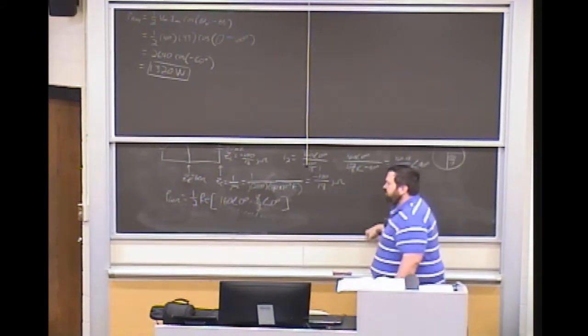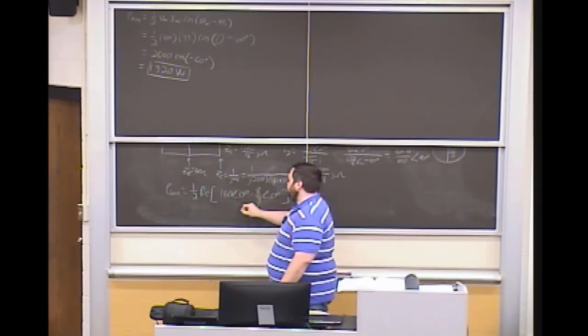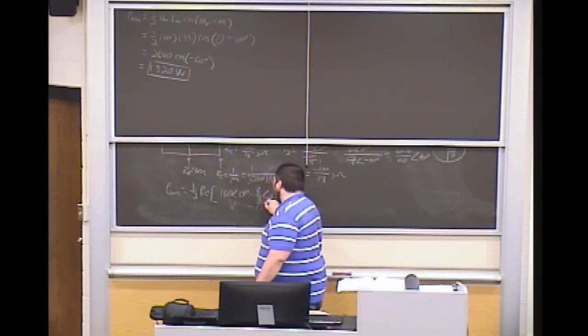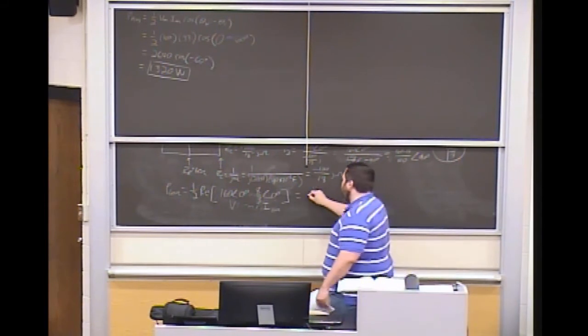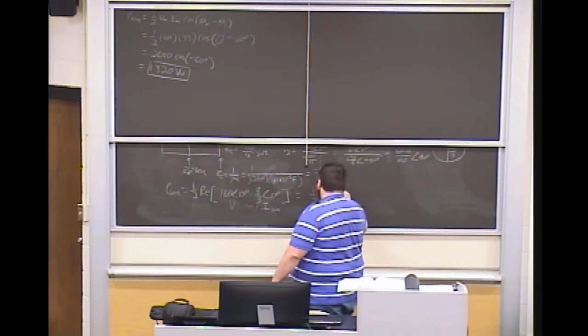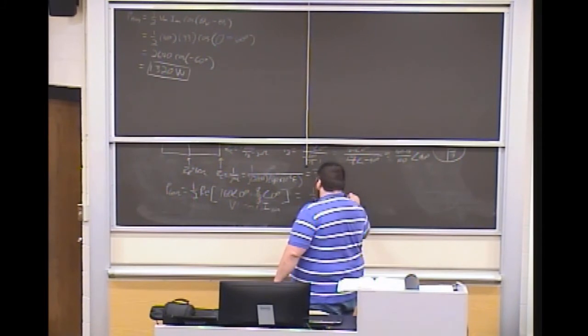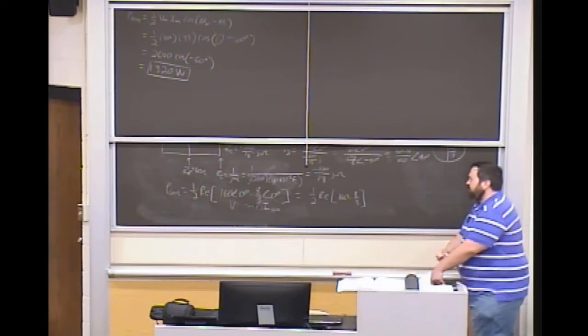So this is 1/2 of the real part of the voltage phasor times the current phasor. So this is the voltage and this is the current through the 60 ohm. So that just works out to be 1/2 of the real part of 160 times 8/3, which is really just 1/2 of 60 times 8/3.